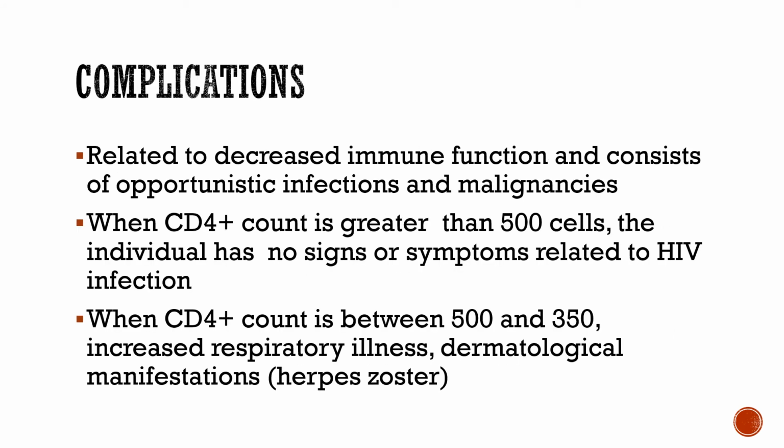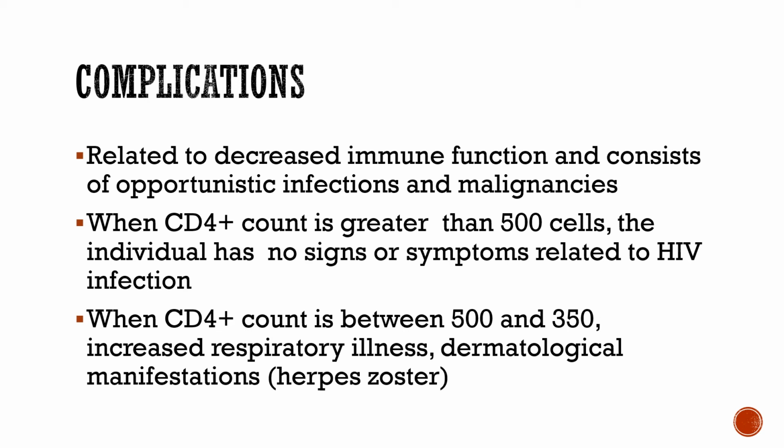So, some complications. Complications are related to decreased immune function and will consist of opportunistic infections and then malignancies. When the CD4 count is greater than 500 cells, the individual will have no signs or symptoms related to HIV infection.